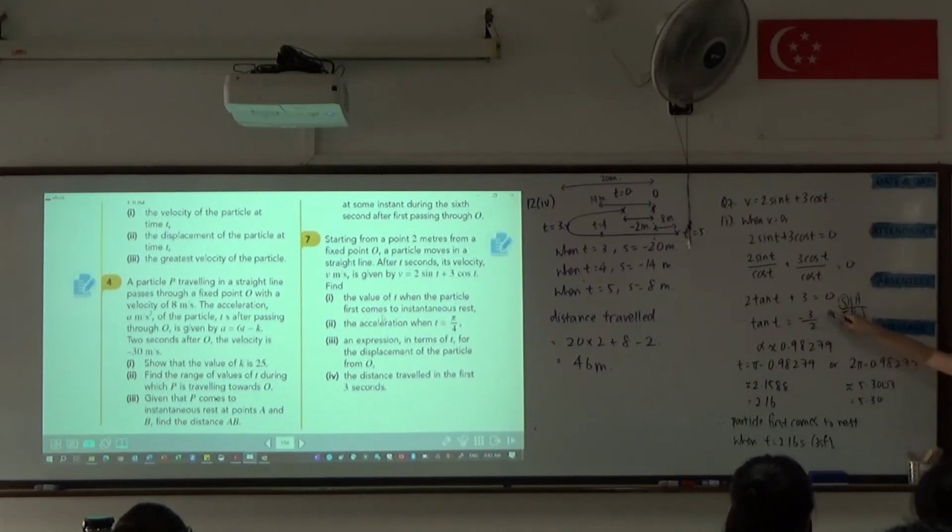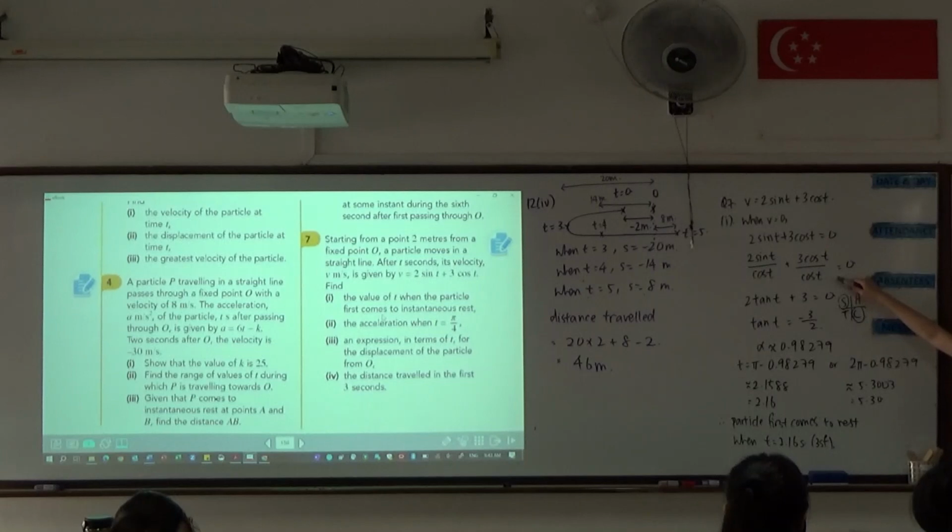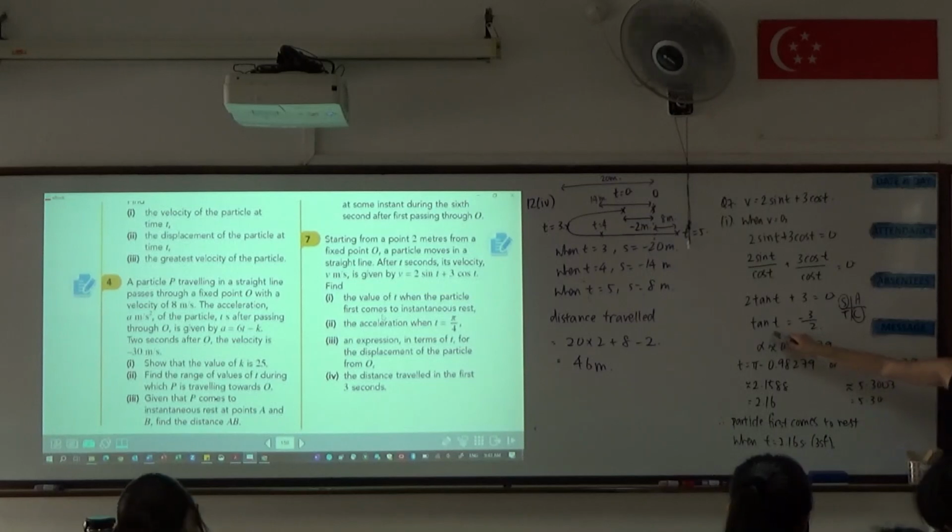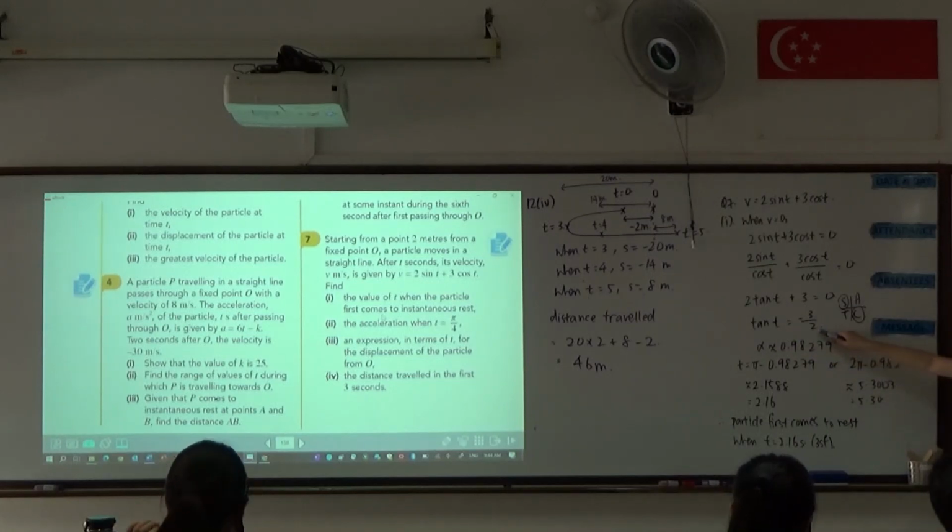Then we get 2 tangent t plus 3 equals 0. And then we get tangent t equals negative 3 over 2. This is a skill that you need to know when it comes to solving trigonometry equations. Then because your tangent is negative, that means the quadrants we're identifying are the S quadrant as well as the C quadrant, since tangent is negative. Then we find the basic angle by taking tangent inverse of positive 3 over 2.